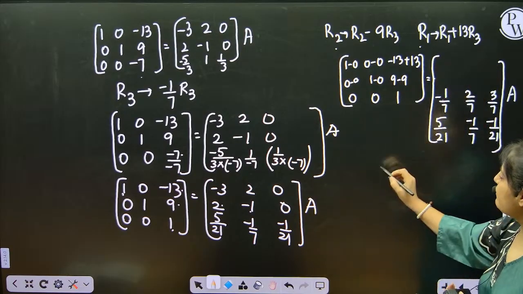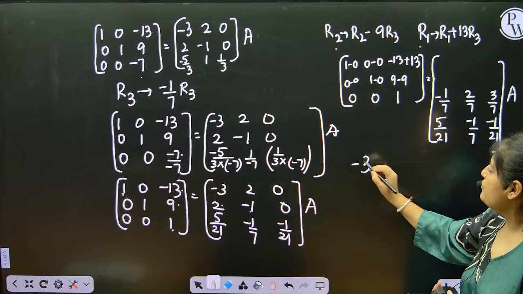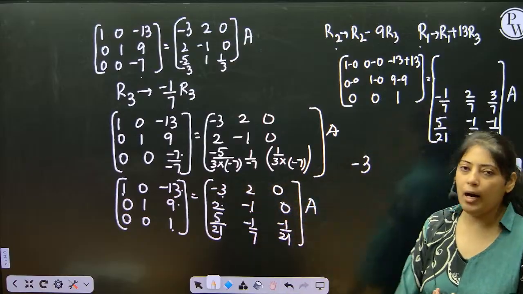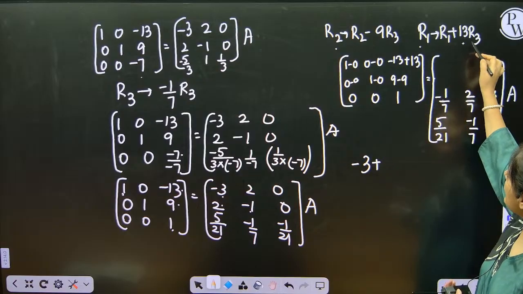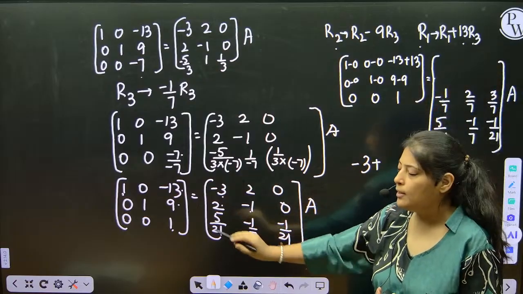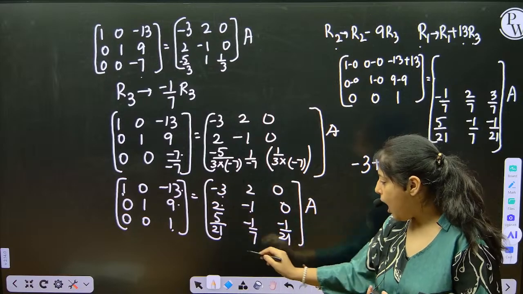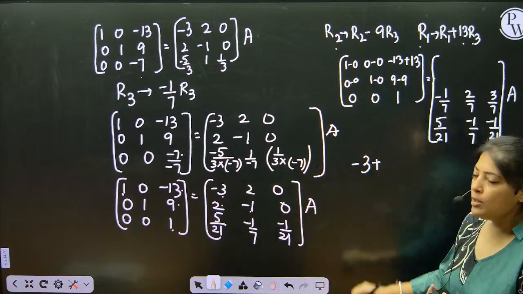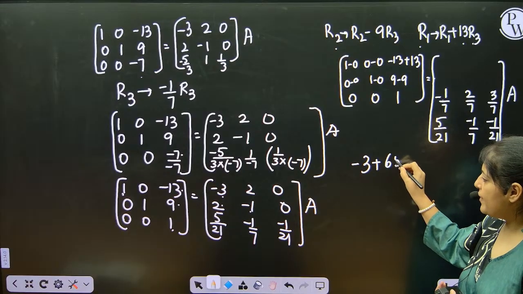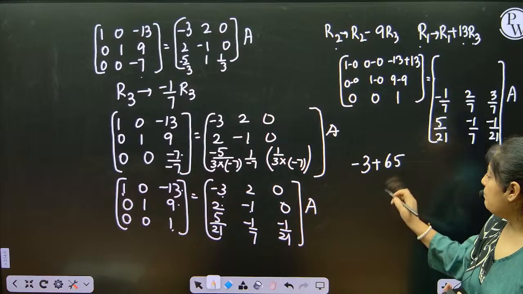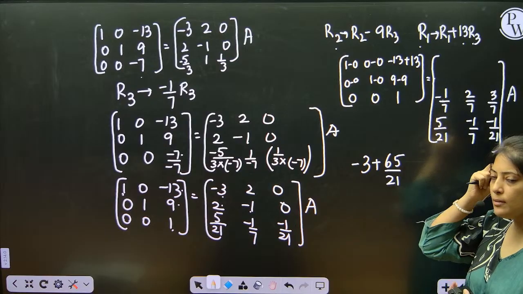Next, R1 we have to change. R1 means, I will take the first element of R1 plus 13 times of R3, 13 times of these R3 elements. So 13 fives are 65 by 21 as it is.